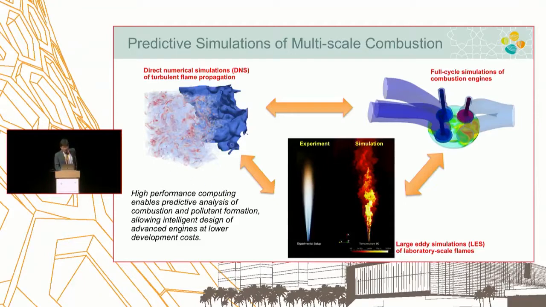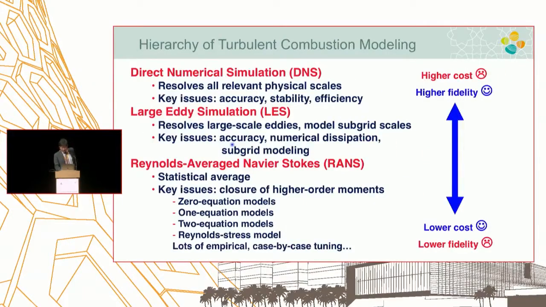I will talk about one by one. So the basic understanding is DNS resolves everything, all the way down to the Kolmogorov scale. And indeed, as you recall, the Klimov-Williams criterion, flamelet regime, actually it's a flame thickness that is smallest, even compared to the Kolmogorov eddy size.